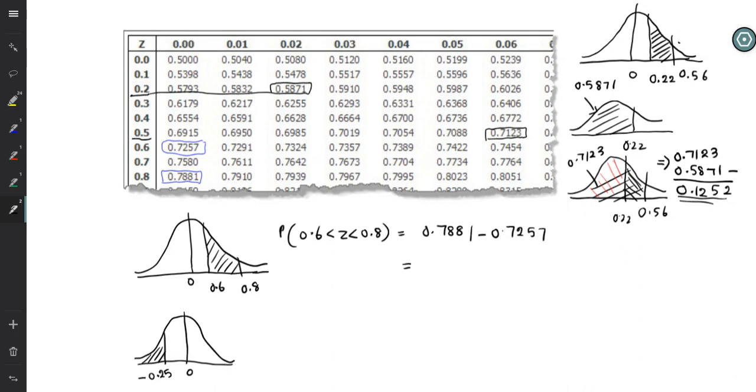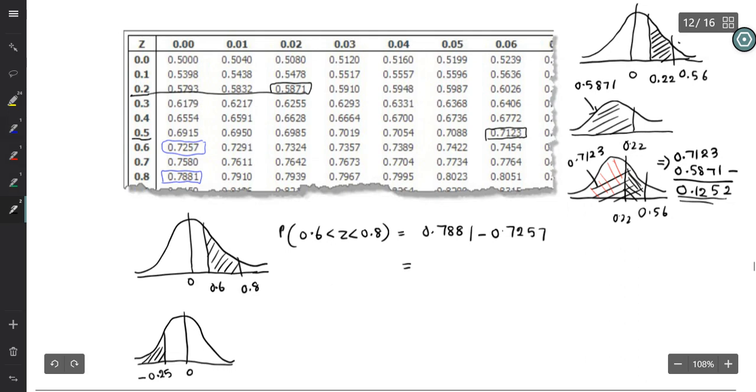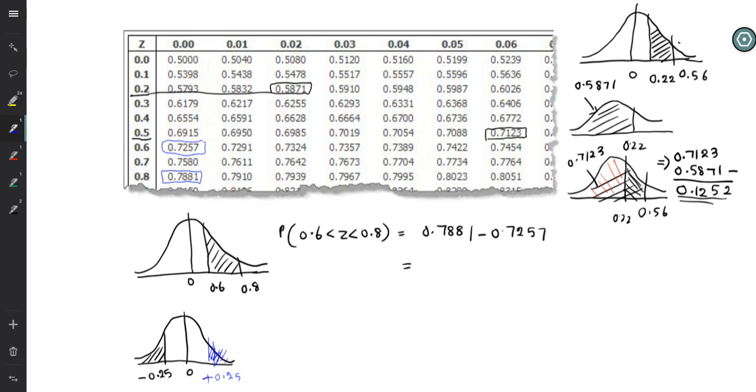Now we do not have the negative Z scores in our table, but we know that the normal distribution is symmetric about the mean. Same for the standard normal distribution. This is symmetric about the mean. Therefore, the area to the left of negative 0.25 is same as area to the right of positive 0.25. Okay? Again, area to the left of negative 0.25 is same as area to the right of positive 0.25. This is by symmetry.